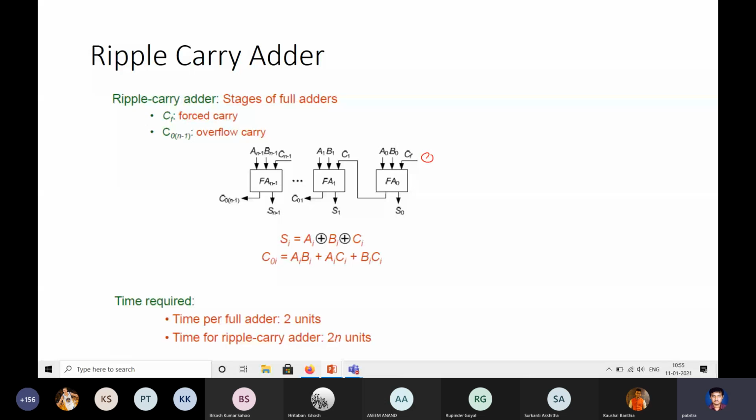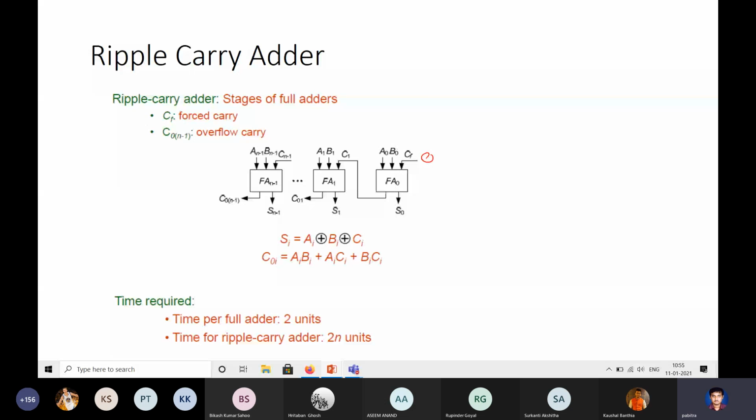The carry out of the ith stage, since these are again individually full adders, is AiBi plus AiCi plus BiCi. S0 to Sn minus 1 gives the sum, and the final Cout gives the carry out. You can easily verify that. So this is a simple cascade of 1-bit full adders to make an n-bit parallel adder.